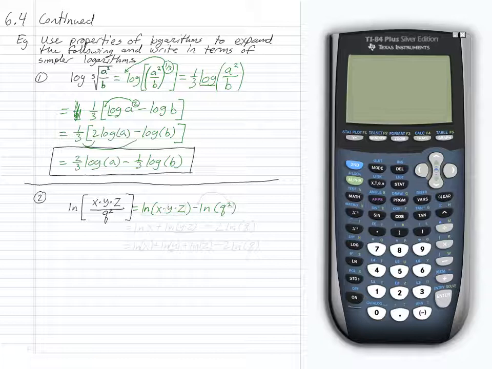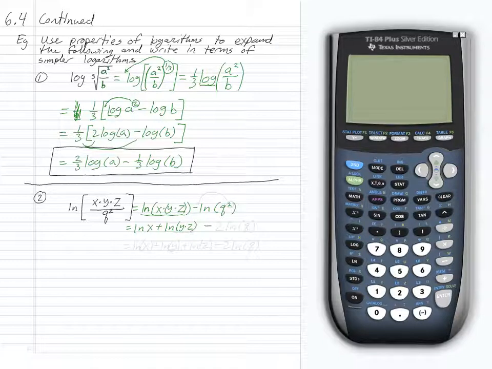Now I notice that I have a product, x times y times z. So I could break this first logarithm up as the natural log of x plus the natural log of y times z.